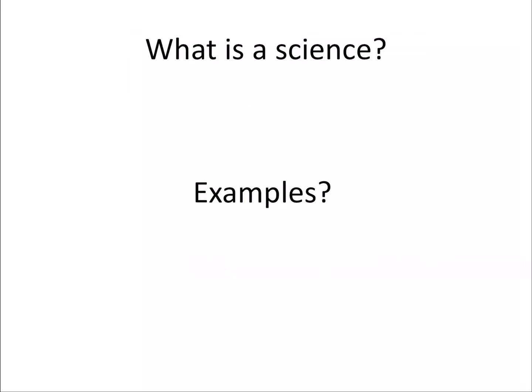So let's ask the question, what is a science? Most of you are gerontology students, and obviously you're thinking, well, I'm not in the sciences. Well, surprise, surprise. Gerontology is a science. Psychology is a science.